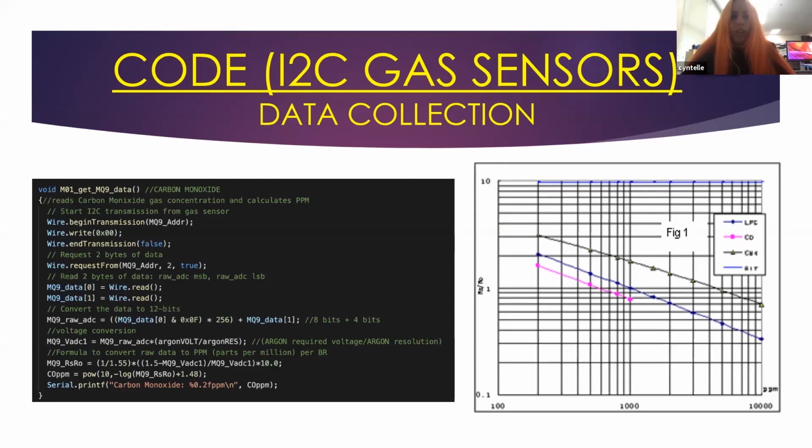In order to extract it, we had to perform a read of 2 separate bytes and then do some bit shifting in order to combine the data into a value that we would then use for calibration and conversion into parts per million. And that's the unit of measurement that most of these sensors are built to detect.